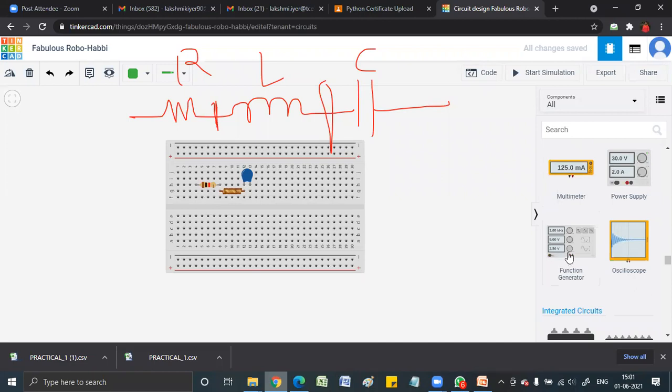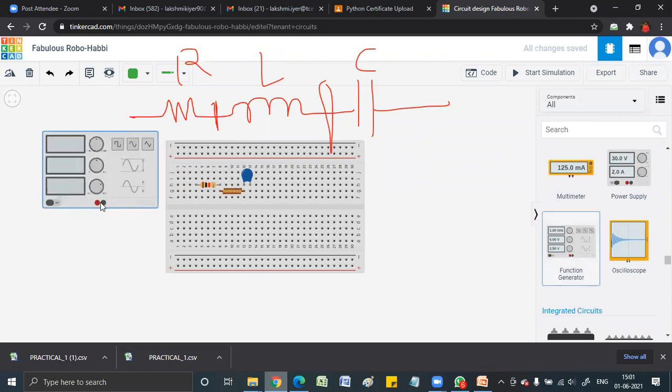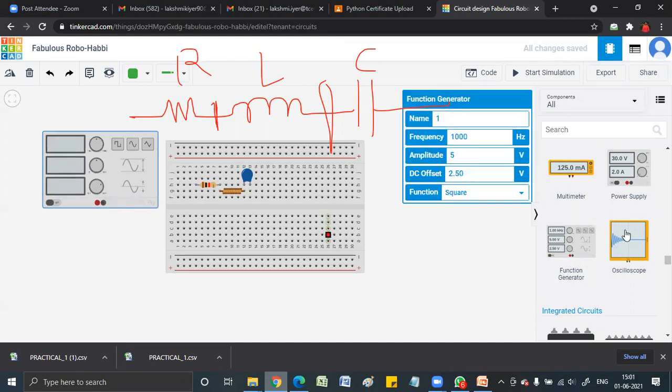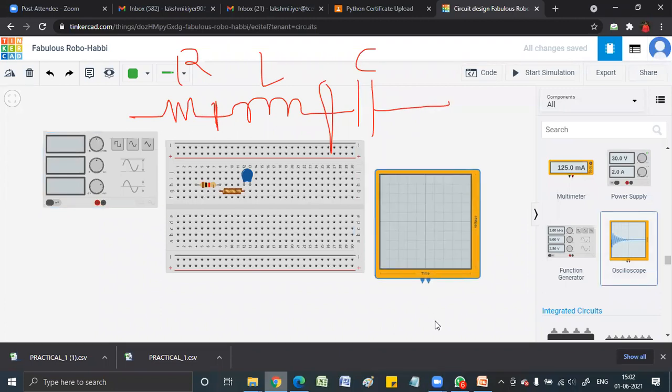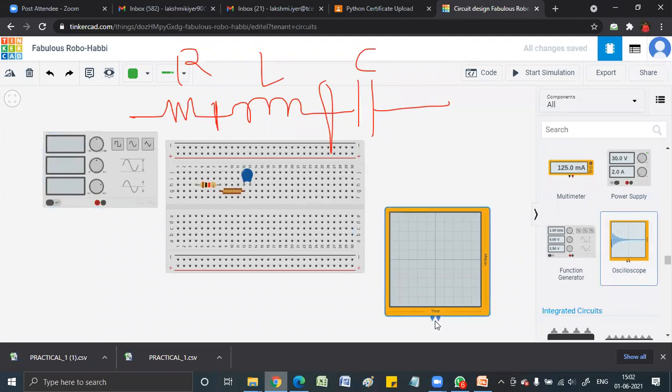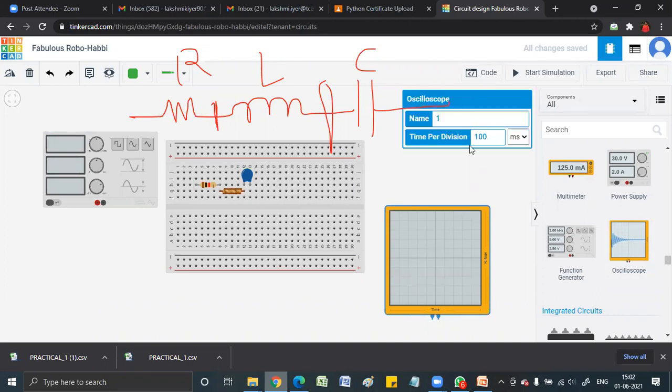Now we are going to use function generator. I'm purposefully keeping it over here because when I click on the component, the descriptive part comes up, so I can see the visuals and also the descriptive part of it.